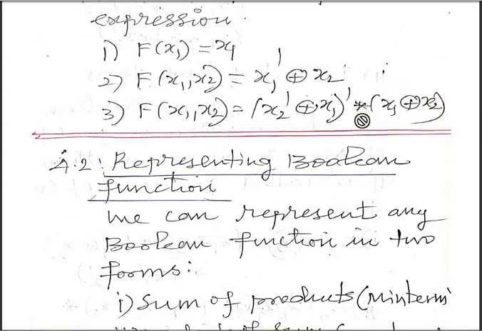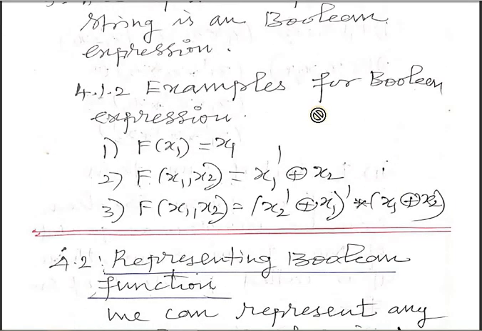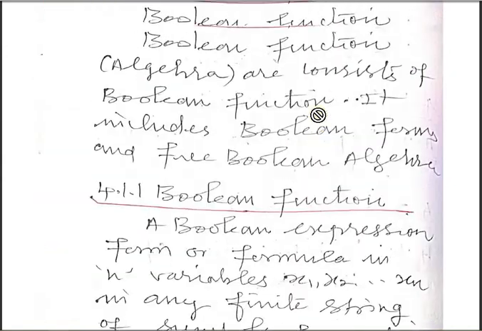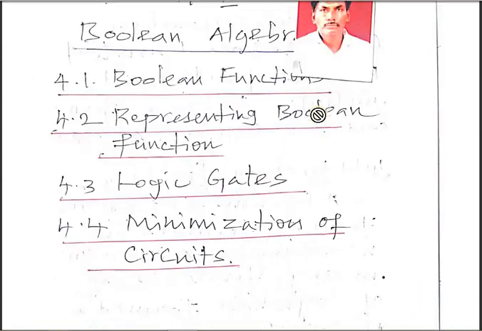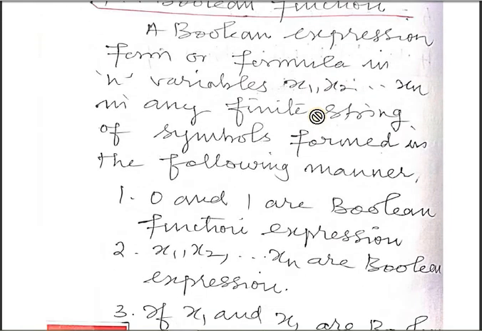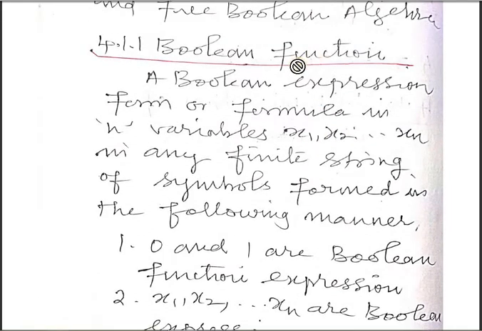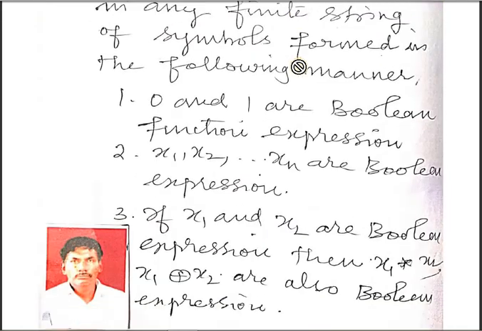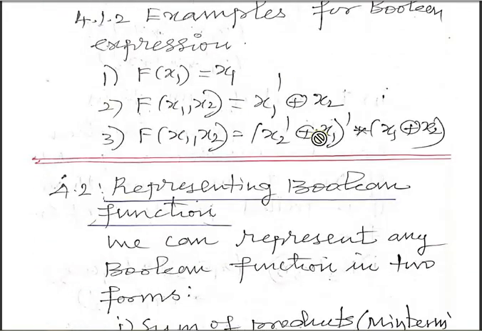This bracket meet this bracket is again a Boolean expression. So we discussed what a Boolean algebra is, then what a Boolean function or Boolean expression is. Examples also we have given here.